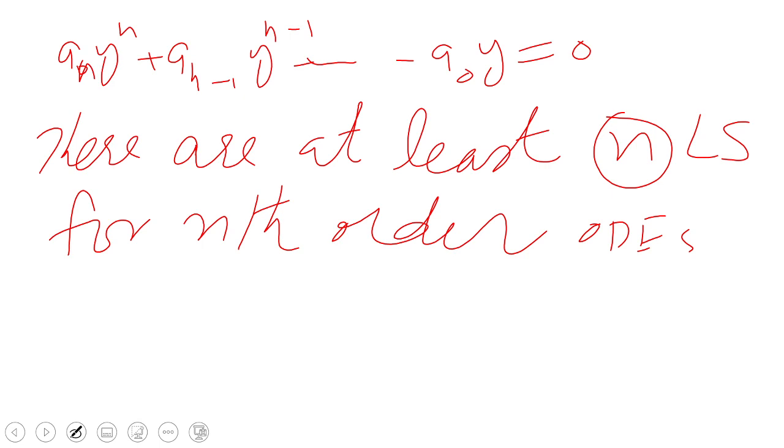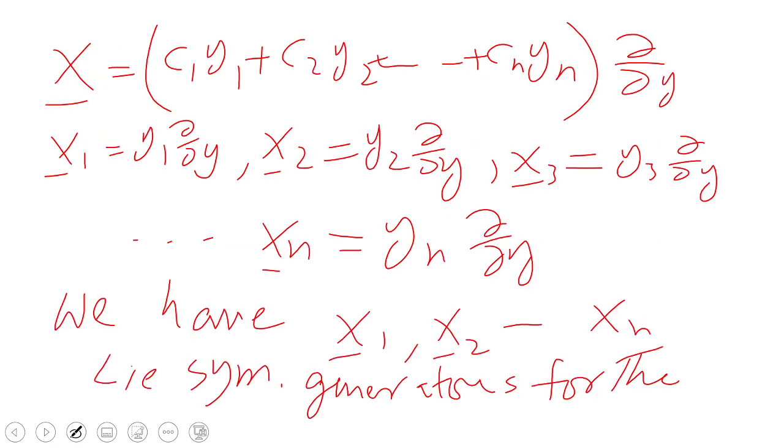There will be more than n Lie symmetries for some nth order linear differential equations, and these symmetries correspond to all the solutions of the fundamental set. So if we have a linear ODE of order n, then there will be at least n symmetries.